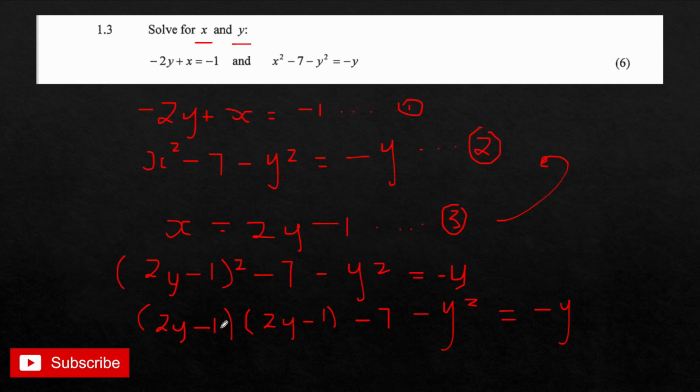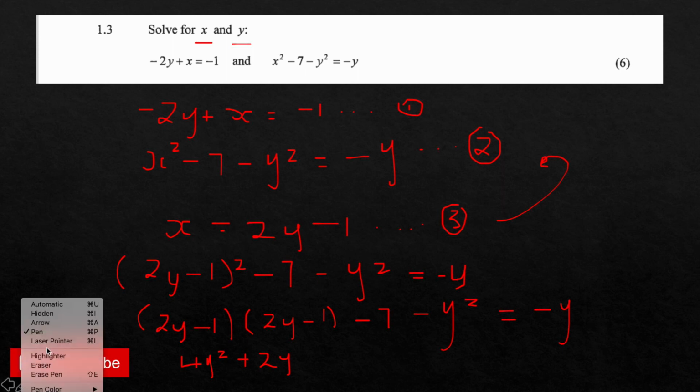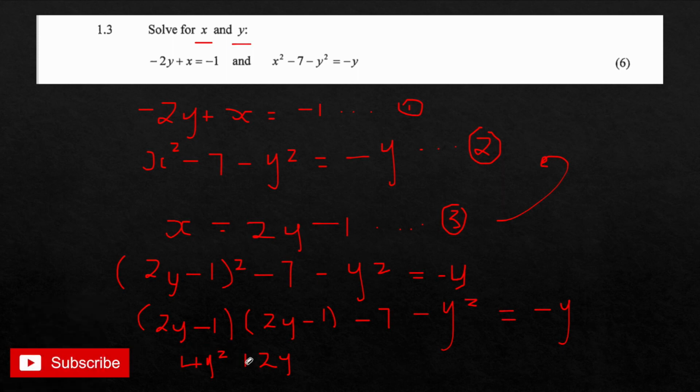Now I am going to FOIL this one, multiply out the bracket to simplify this. So FOIL method, this multiplied by that, and so on. This will give me 4y squared, minus 2y. Sorry about that.